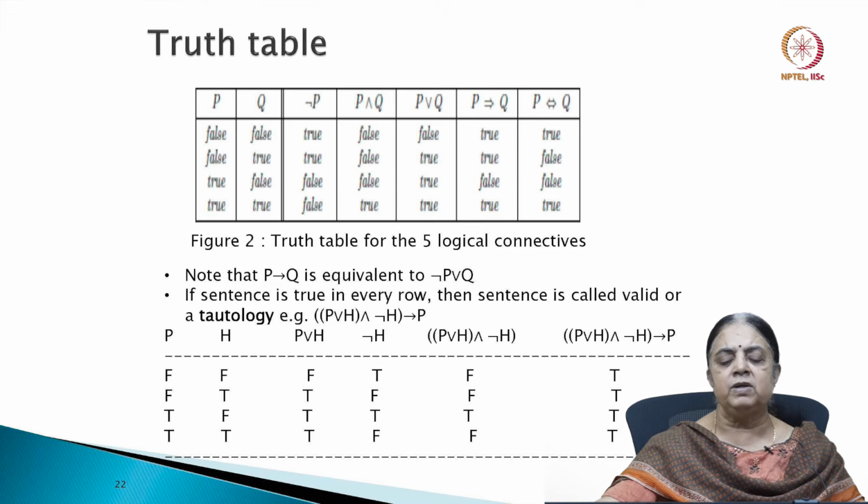For example, take this complex sentence made up of P and H: P or H and not H implies P. We take P and H and do all these things. For different truth values of P and H, you find that this sentence has a truth value of T for all the four cases. So we can say that this is a tautology, or a valid sentence.